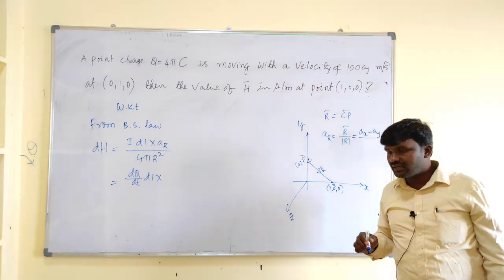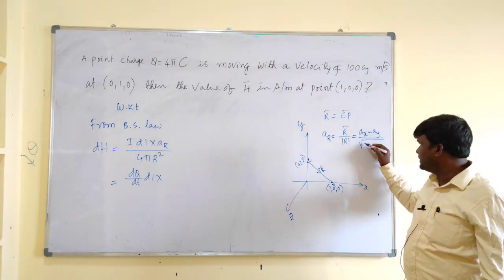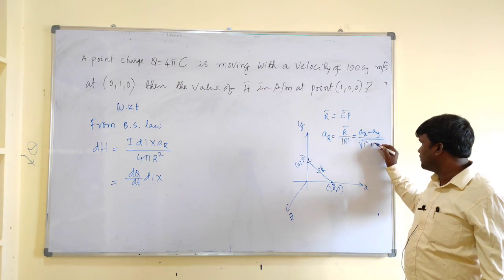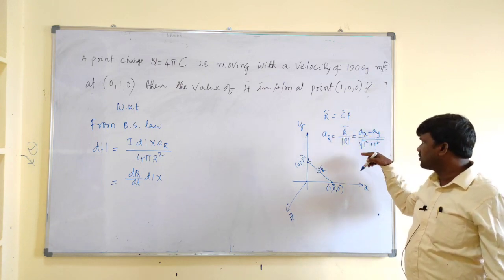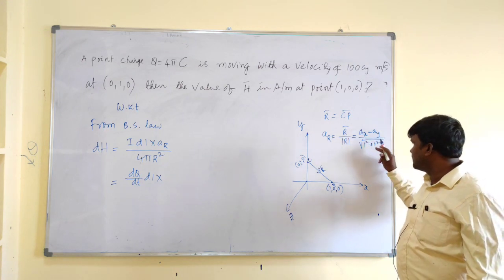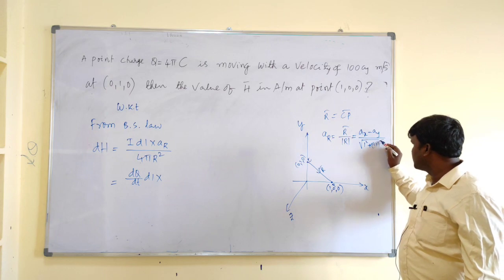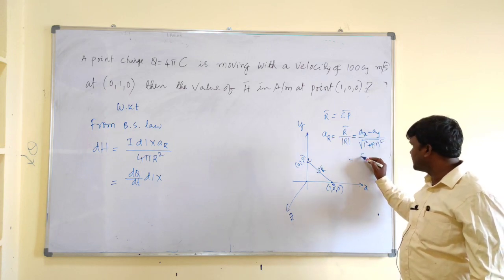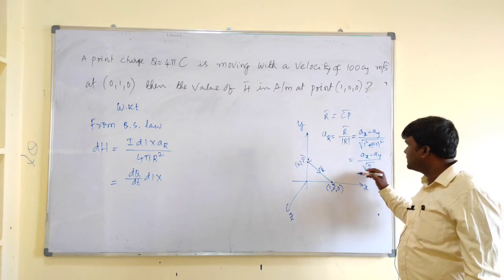The magnitude is the square root of 1 squared plus minus 1 whole squared. Finally, we got a_R as (a_x minus a_y) by root 2.